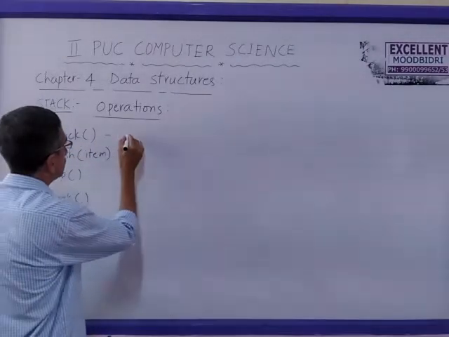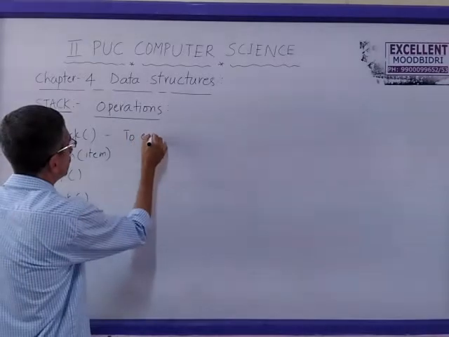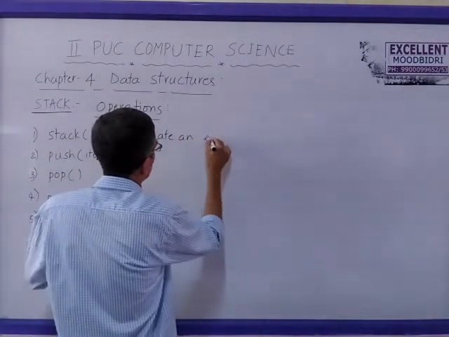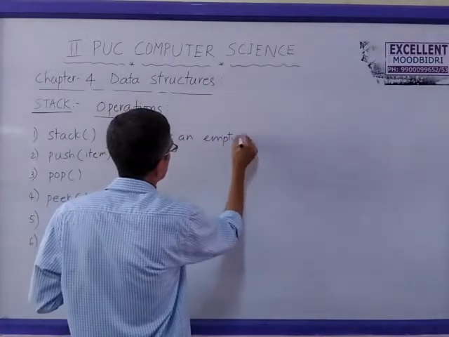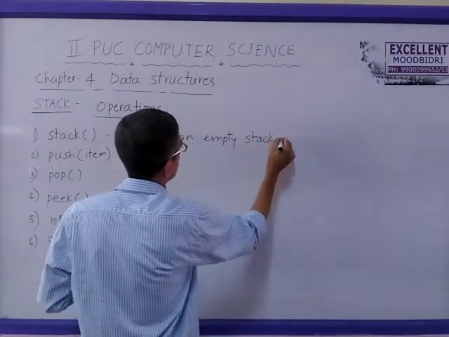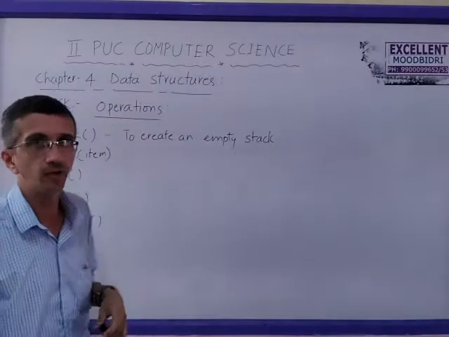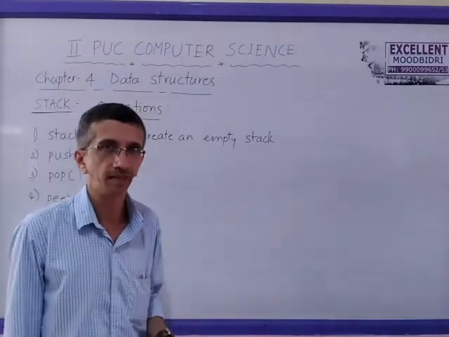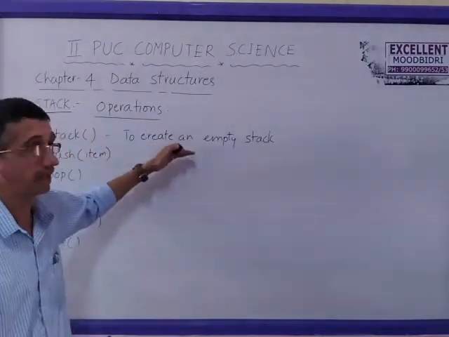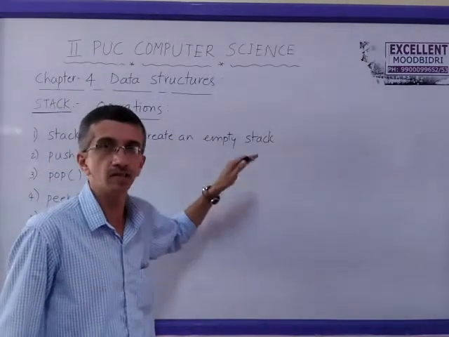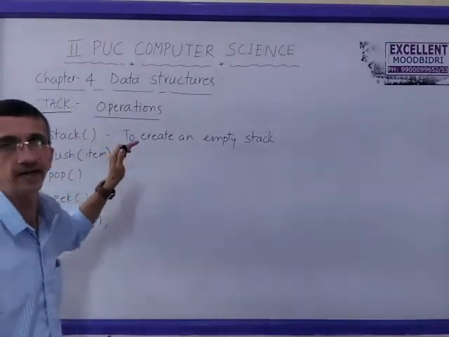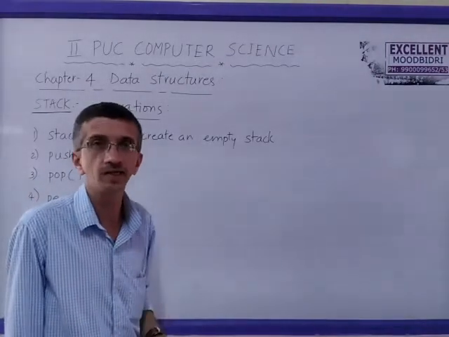It is to just create an empty stack. So when you are using an array to represent a stack, creating an array, just declaring an empty array, it allocates memory space. It allocates locations in the memory, so as to store any number of items of the fixed size if you are using a stack.